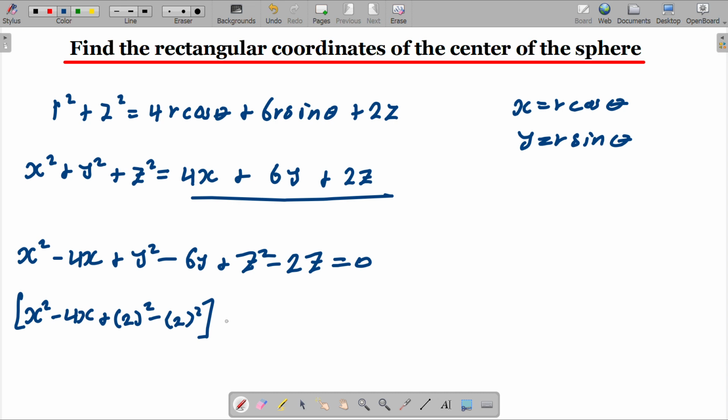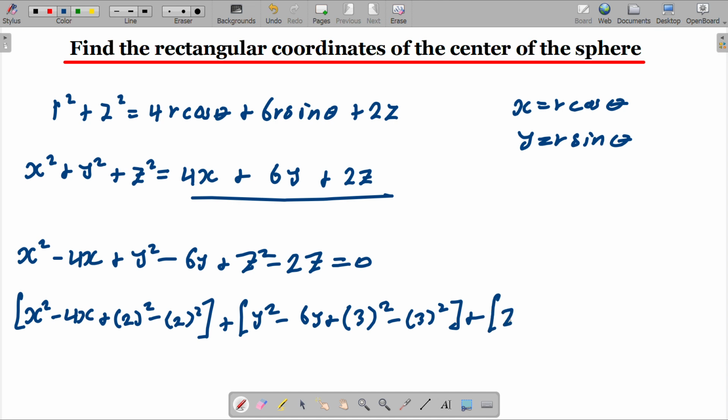So you also complete the square for y and for z. For y we have y squared minus 6y, plus negative 6 times negative half, which is just positive 3, then squared, minus positive 3 squared. Then we close, and open again to complete the square for z.